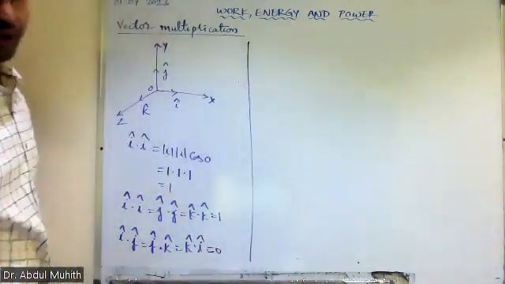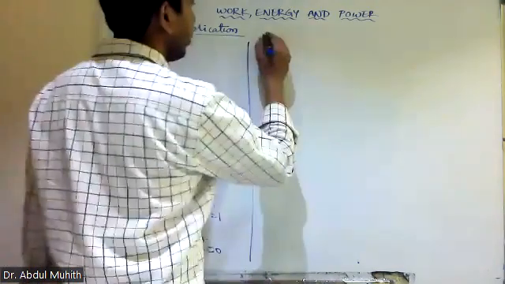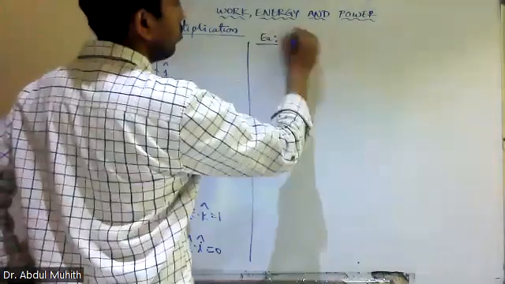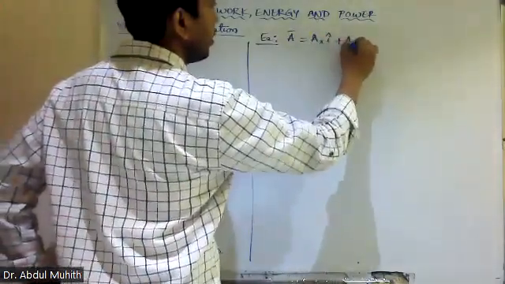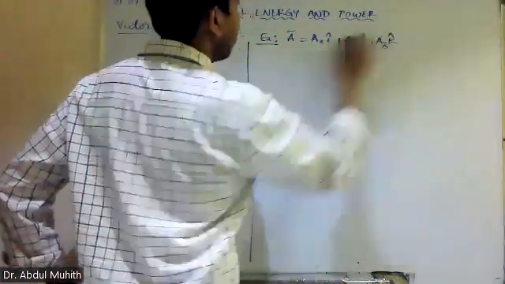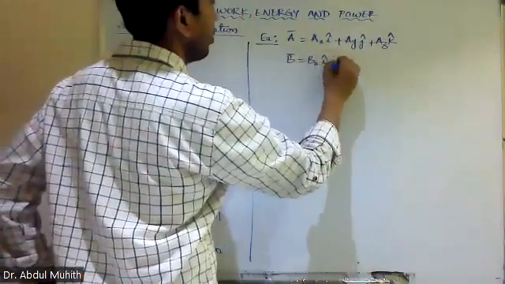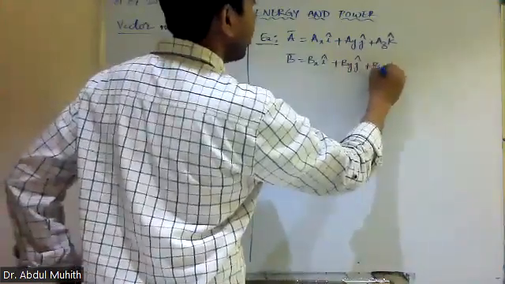Now, next case, we will try one numerical here. We have an example. Vector a equals ax into i cap plus ay into j cap plus az into k cap, and vector b equals bx into i cap plus by into j cap plus bz into k cap.